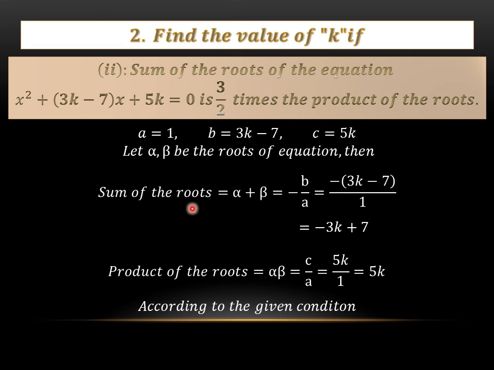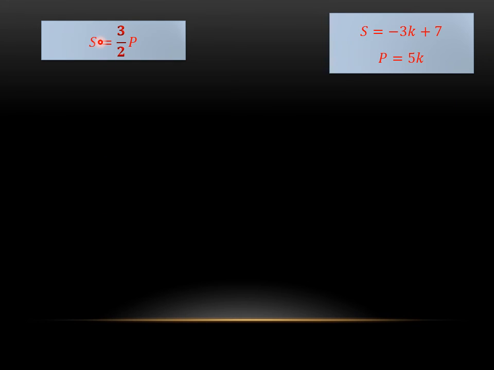Here is sum of the roots, and that is denoted by S. So I will write S is equals to 3 by 2 will remain the same, times means multiplication, product of the root is P. So the formula becomes S equals to 3 by 2 P. Now we have to put the values of sum and the product in that formula.